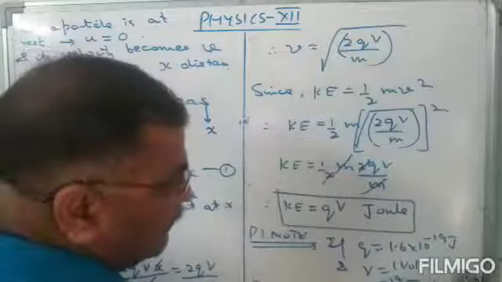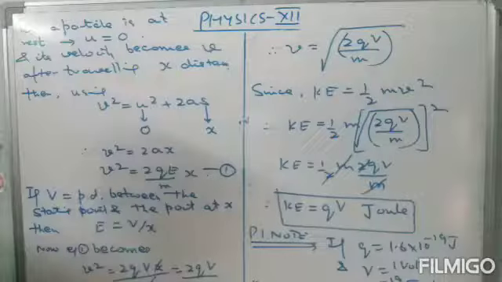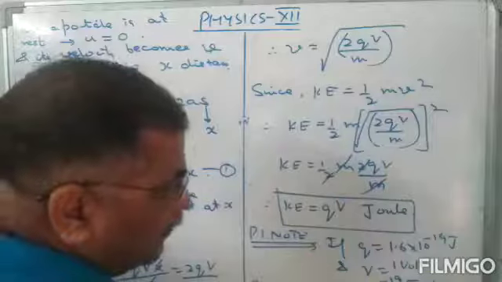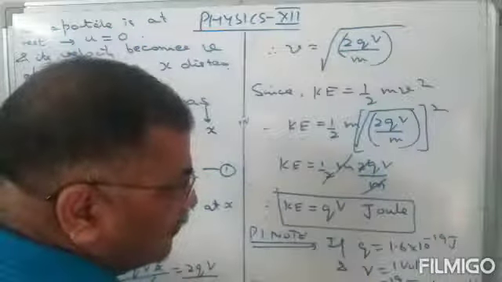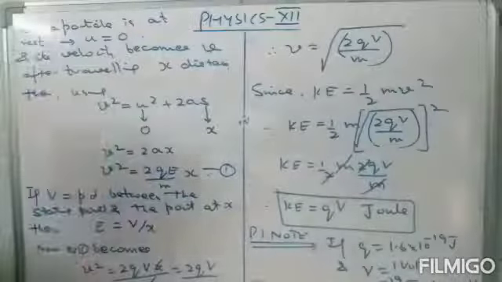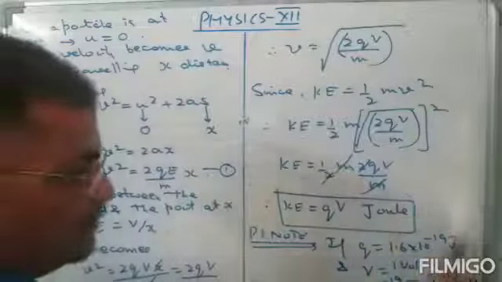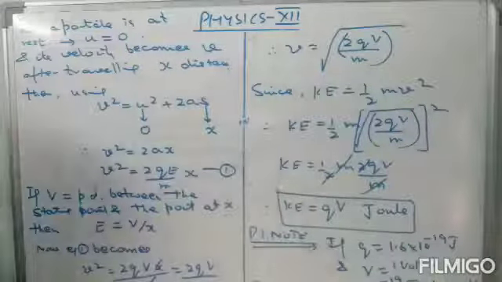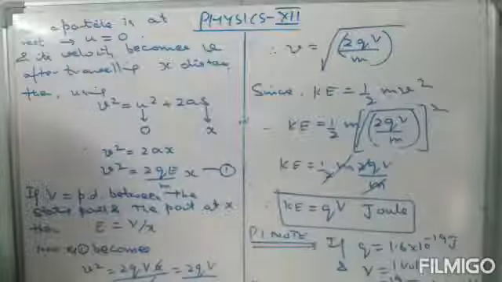And could you please tell me what this stands for? This 1.6 into 10 to the power minus 19 joule is equal to 1 electron volt. Just remember this. It can be asked in the exam. Derive this; I want a small derivation. Clear? After this, I will do the rest in my next video. Thank you.